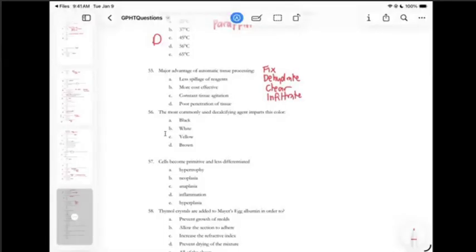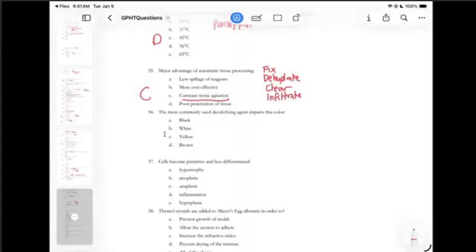The major advantage of this apparatus is constant agitation. The tissue basket that has the tissues would be agitated in a vertical manner, up, down, up, down. Aside from that, it's also a programmable apparatus. So number 55, letter C.